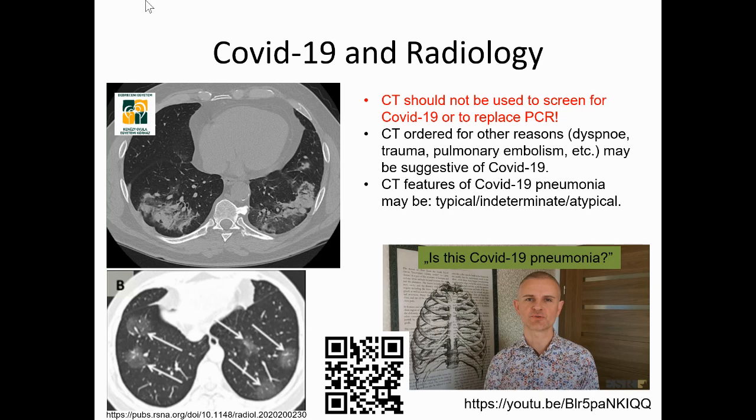Just a slide on COVID-19 and radiology, because when I'm recording this, it's 2020, and in Hungary and all over the world, we are looking at the second wave of COVID-19. So you might have heard that CT has some suggestive features of COVID-19 pneumonia, but the thing to keep in mind is that CT should never be used to screen for patients with COVID-19 or to replace the PCR test.